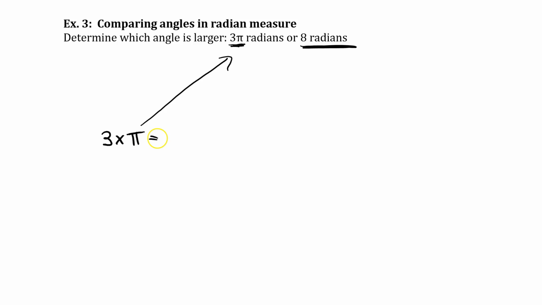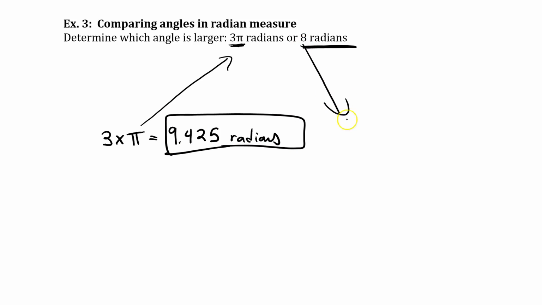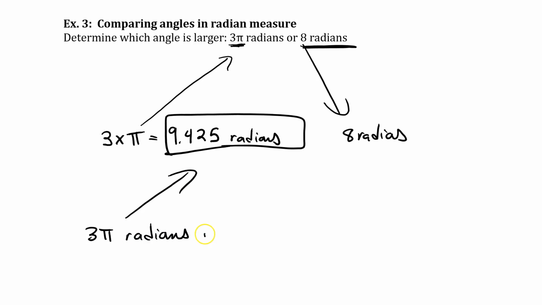And you guys can do the same. I'm noticing that it's 9.425 radians. When I compare that with 8 radians, I can clearly see that 3 pi radians is bigger.